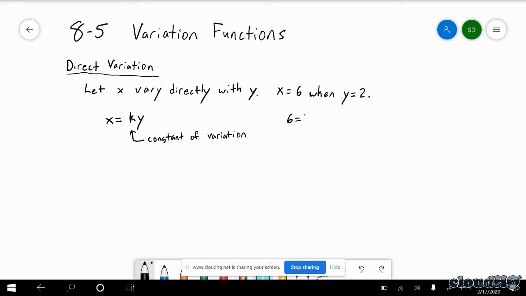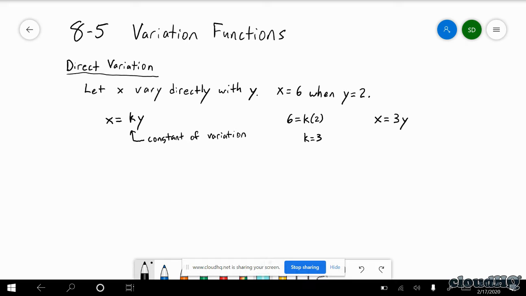So 6 equals K times Y, which was a 2. We can now solve that by dividing both sides by 2. And we see that our constant of variation is 3. And it is a constant, it's not going to change when I'm talking about this relationship. So I can go and substitute that into the equation. So we know the equation that helps us with these particular variables is that X is equal to 3 times Y.